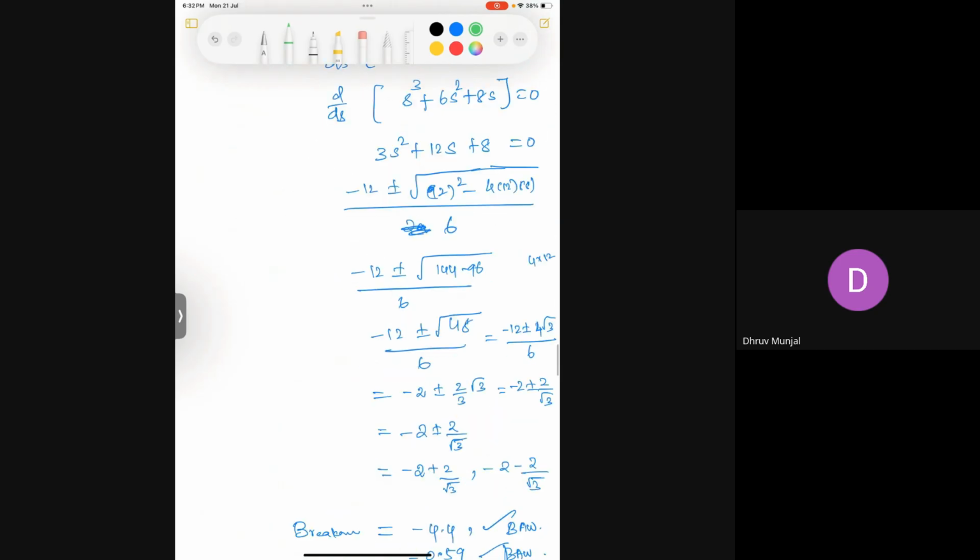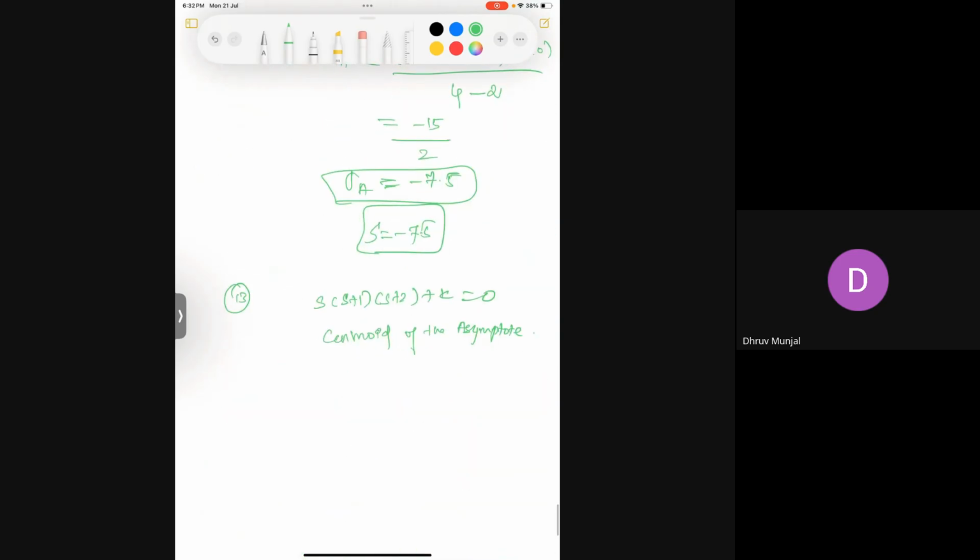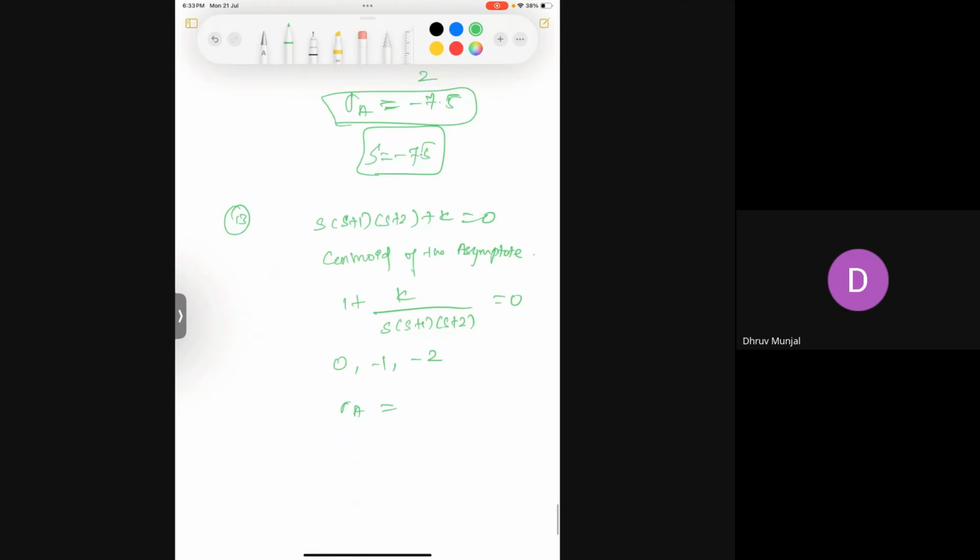So what we found is the centroid. This is for another equation. We are going to do the same thing again. Just we will write this in terms of g of s by 1 plus g of s into h of s. Poles will be 0, minus 1, minus 2. So the centroid would be sum of this, minus 3, minus sum of zeros, divided by 3 minus 0, it will be minus 1. Centroid will lie at minus 1. So s is equal to minus 1. That's it.